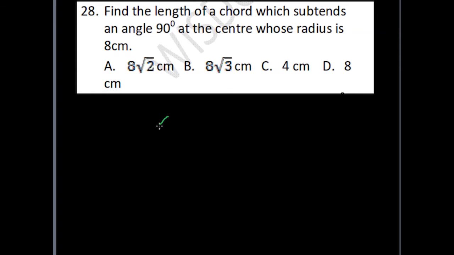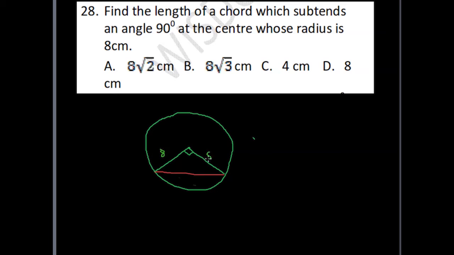Okay, let's have a freehand sketch of a circle. And this is 8.